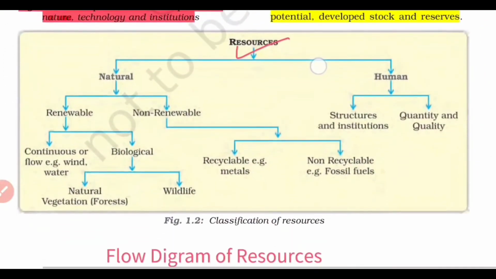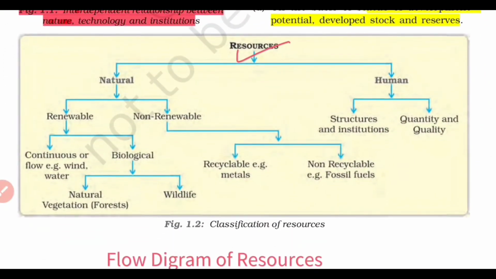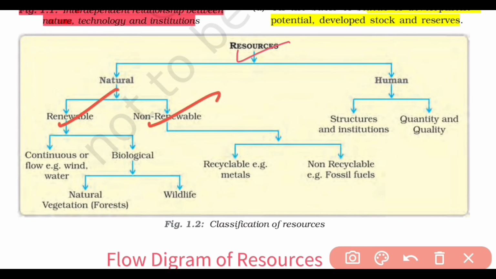That is your flow diagram of resources. Now look at this flow diagram. Resources are classified into 2 types. Natural resources, human resources. Now, natural resources are further classified into renewable and non-renewable.